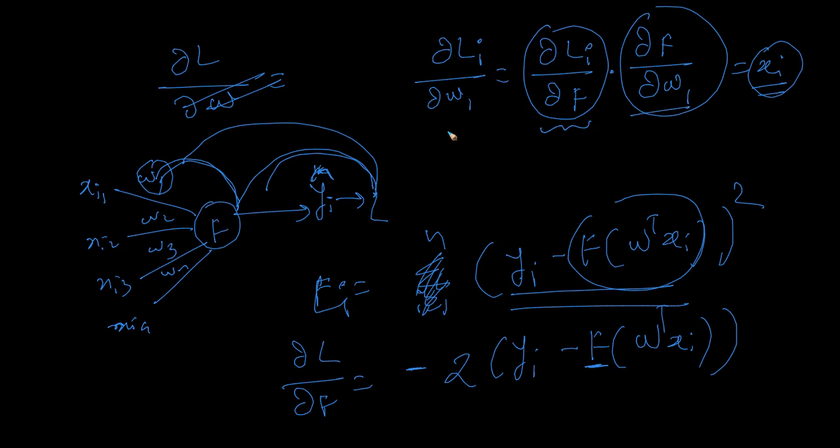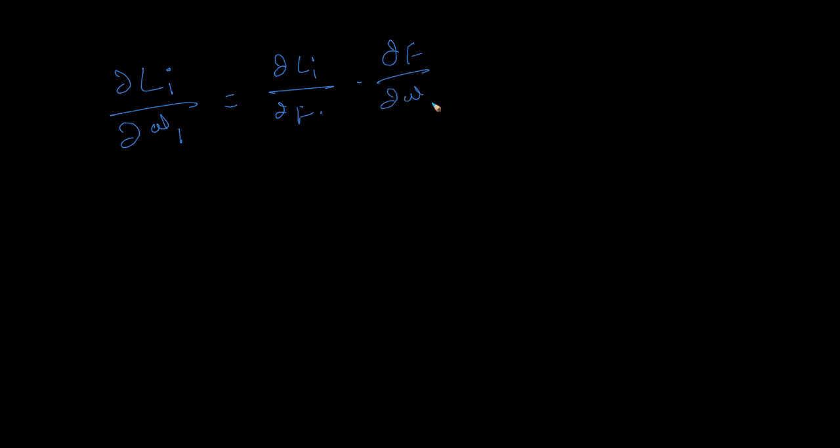So now if we compute this derivative, dou Li divided by dou W1 is equal to, we had this dou Li by dou F into dou F by dou W1.